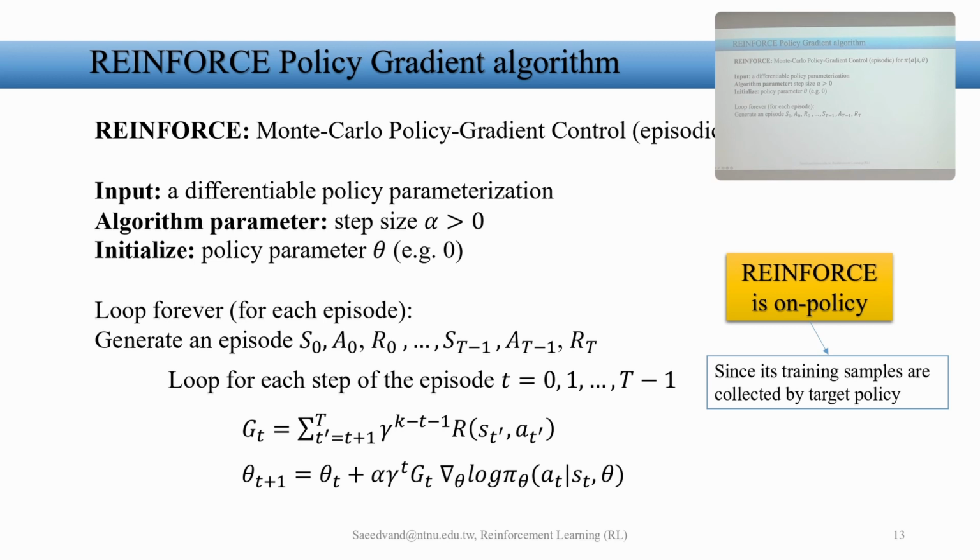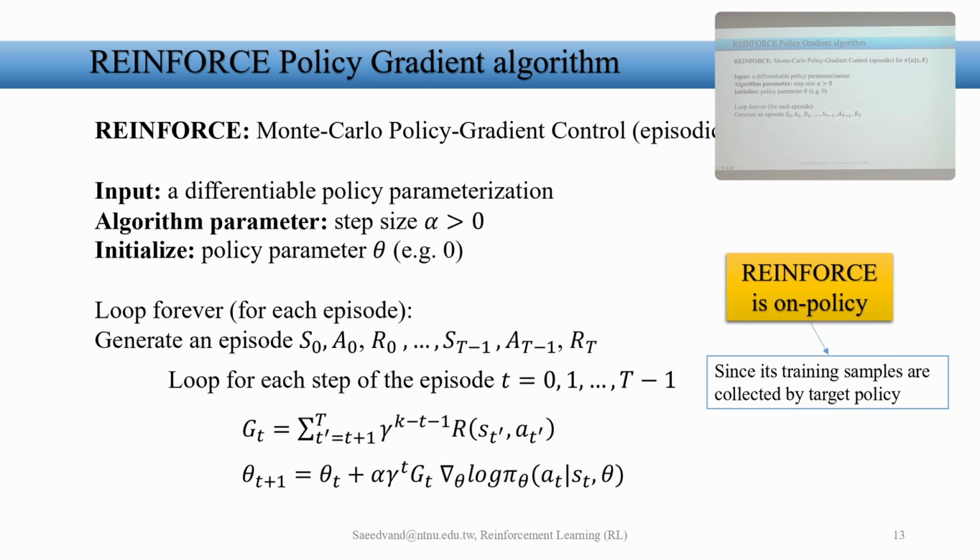What we do next in the REINFORCE algorithm is loop forever, or for each episode. Forever means that in some cases it finishes, because when the episode ends, that terminates. The episode should end in a terminal state somewhere.